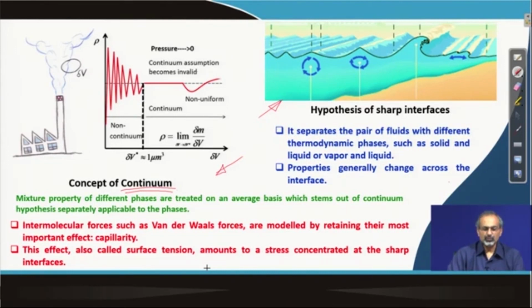But when we try to deal with average properties, we deal with the medium as a continuous medium, and then essentially we go to much larger length scales than, say, the mean free paths involved for the medium.